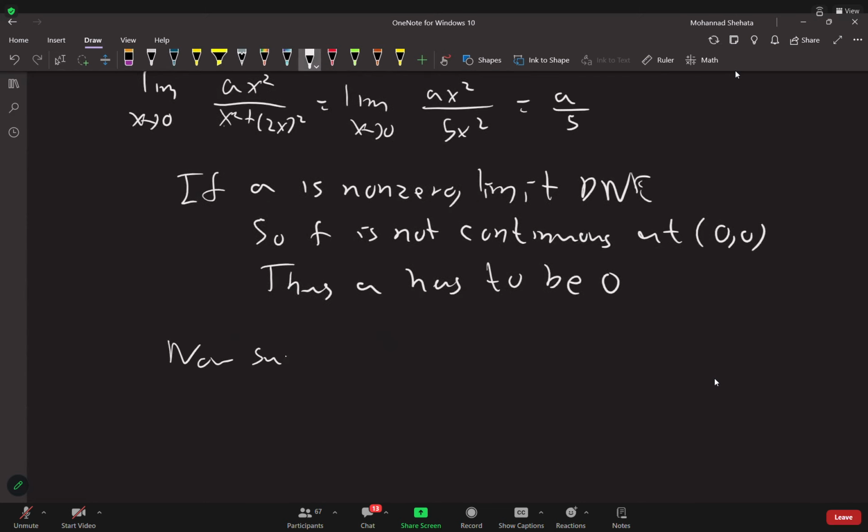Now suppose I replace a with h of c, a non-zero polynomial.